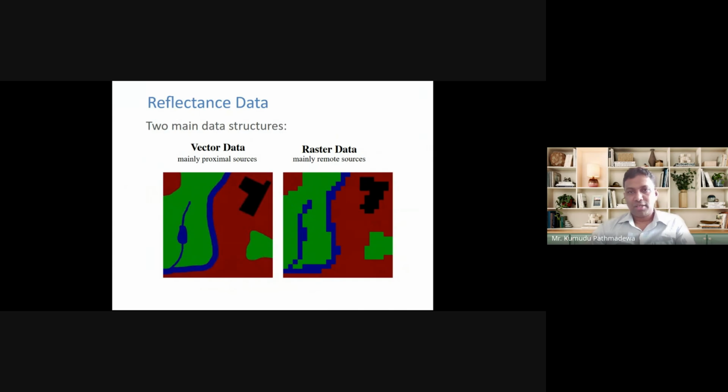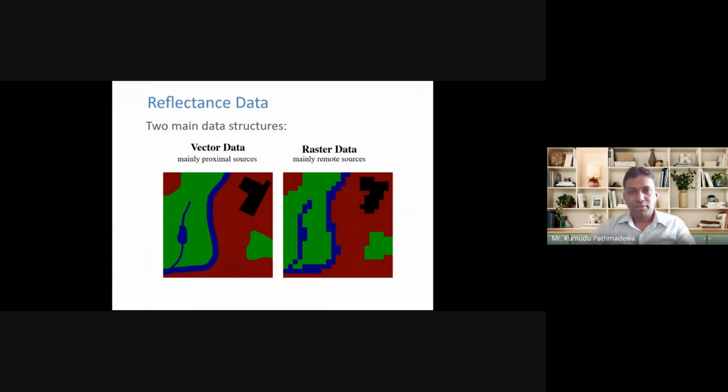So we are refreshing our knowledge from the previous lecture. Also we discussed vector and raster data. Data used in remote sensing can be categorized into these two structures, raster and vector.